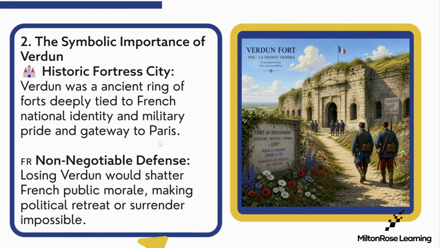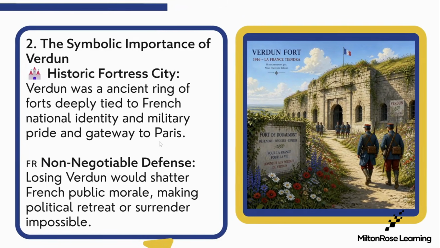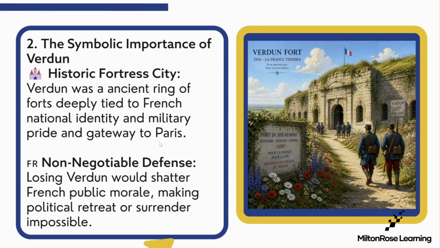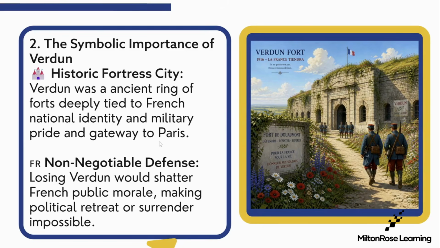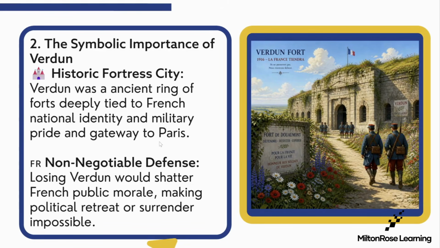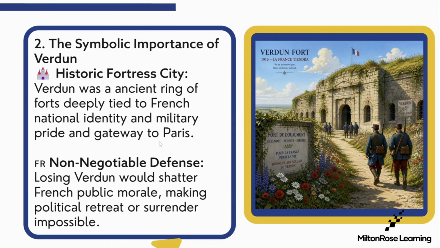Now, to draw that out a little bit more, the symbolic importance of Verdun. It's a historic fortress city, and Verdun was an ancient ring of forts deeply tied to French national identity and military pride, and it was also occupying a very strategic area. It was a gateway to Paris, Paris obviously being the capital of France. So therefore it was a non-negotiable defence.